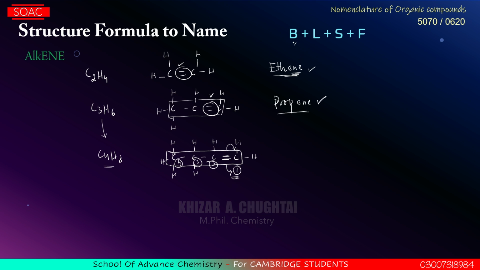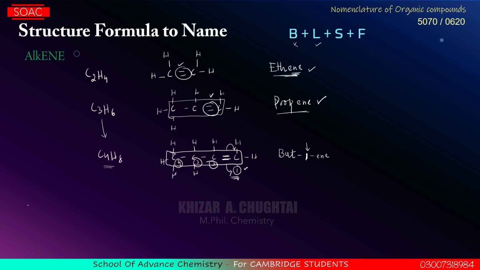So there is no branch, there is just the longest chain, and there are 4 carbon atoms. So 4 carbon names start from but. But this time there is one carbon-carbon double bond, so there will be ene. I'm putting a dash over here, and ene over here. Here I'm going to write the position of the double bond, that is 1. The smaller number is preferred.